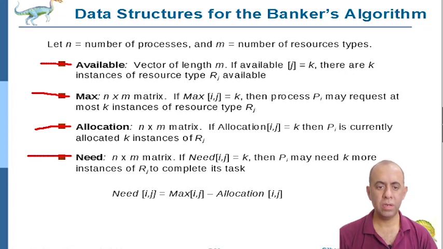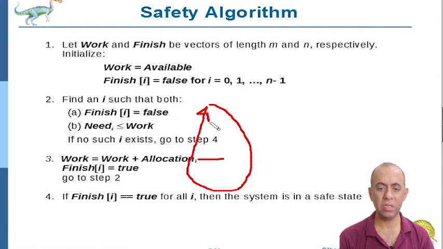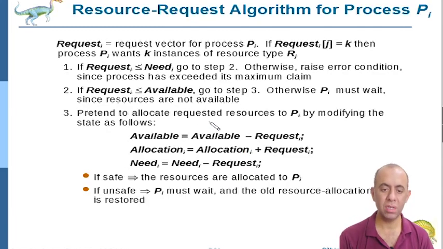So these data structures are available to us, and this is the safety algorithm of the banker's algorithm, which iteratively allocates the resources to the processes and checks whether all of the needs can be met. I'm going to show all of this using a numerical example.